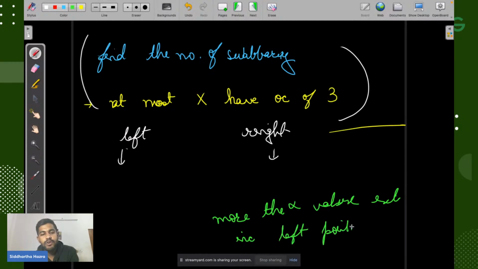Why? Because I would lower down the gap, because at most I can have x. So if more than x is there, I would reduce this. Else I would simply try to drag the right pointer. And right minus left plus 1 would give me the value.